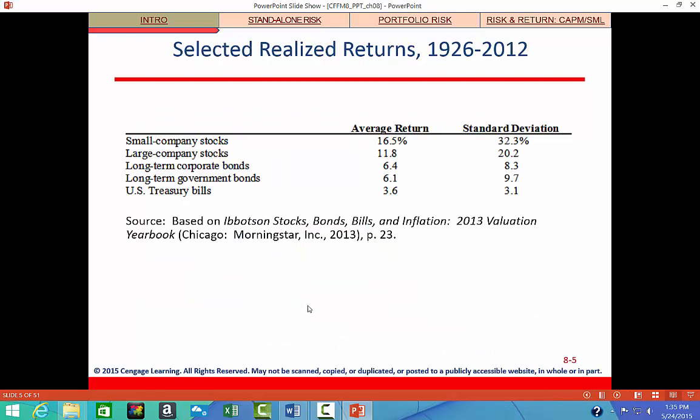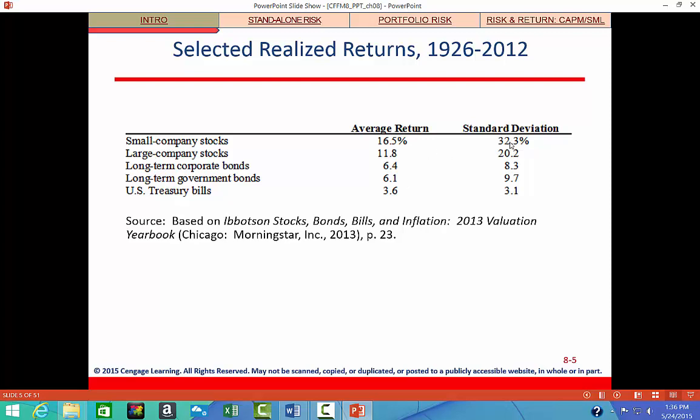Some of the returns from 1926 to 2012 are just listed here for an example. So the riskiest stocks are the small company stocks, and you can see they have the highest average return, but they also have the highest average standard deviation. And then you go down to large company stocks, and then long-term corporate bonds, and then long-term government bonds, and then U.S. Treasury bills.